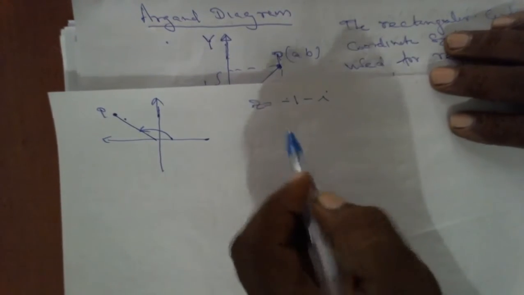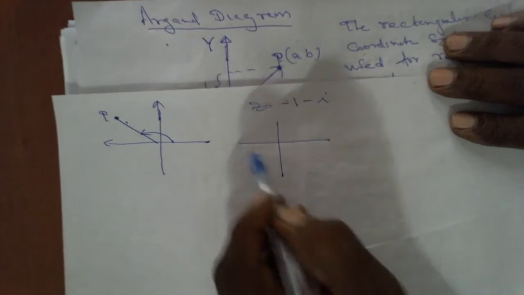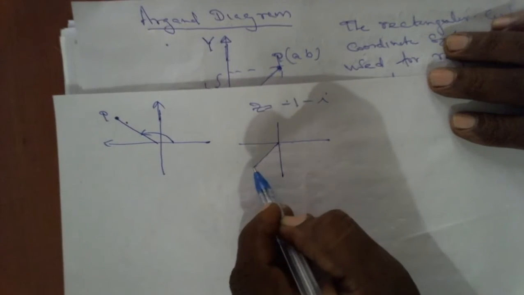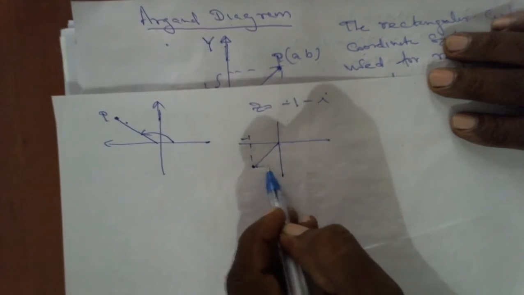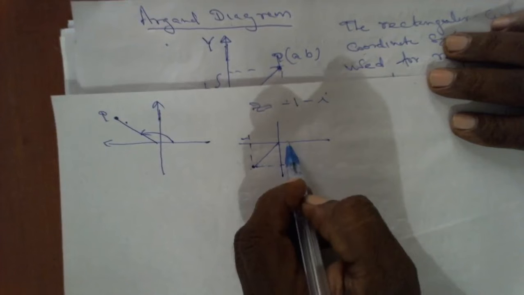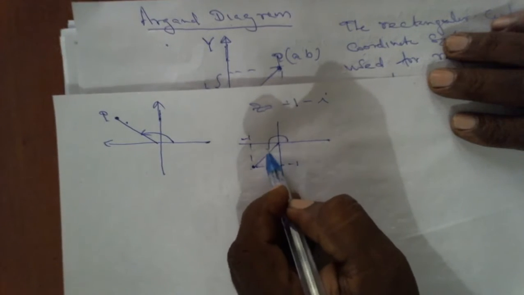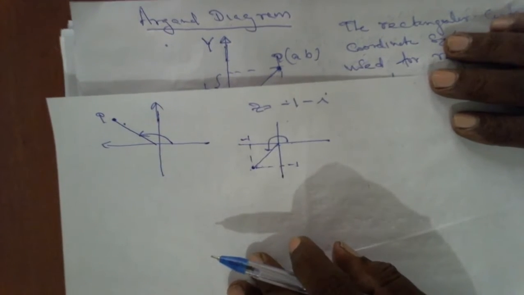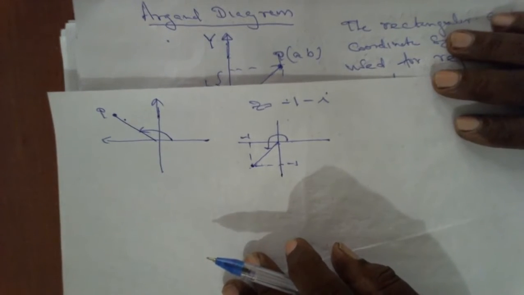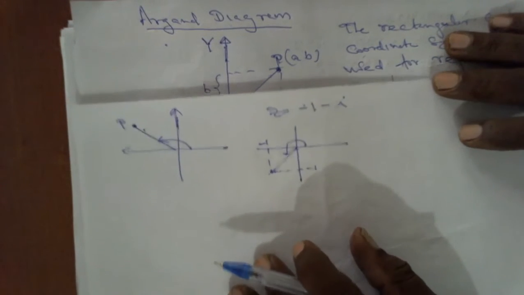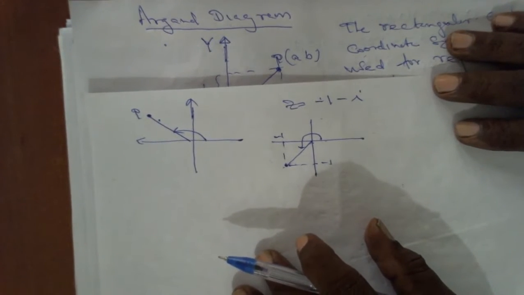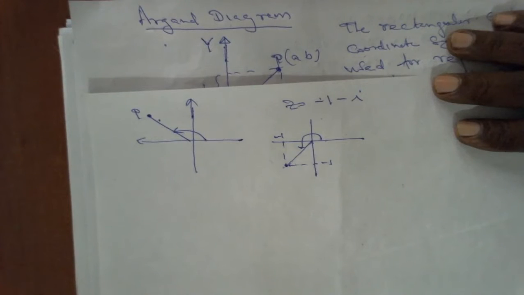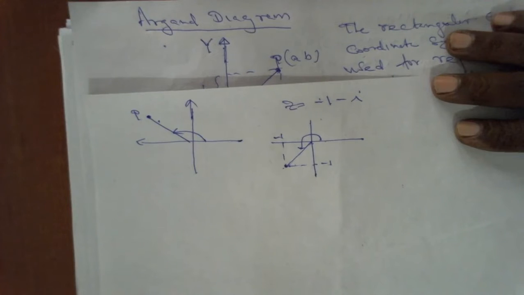The x coordinate is minus 1 and the y coordinate is also minus 1, this point and this angle. Theta varies from 0 to 2 pi, and we define this angle as the amplitude of a complex number.